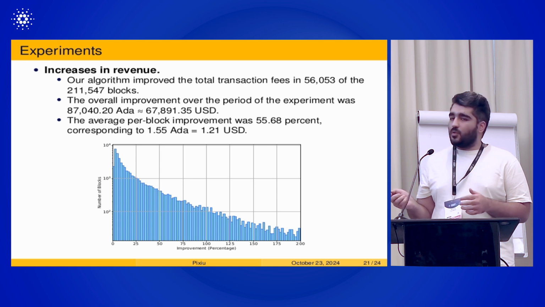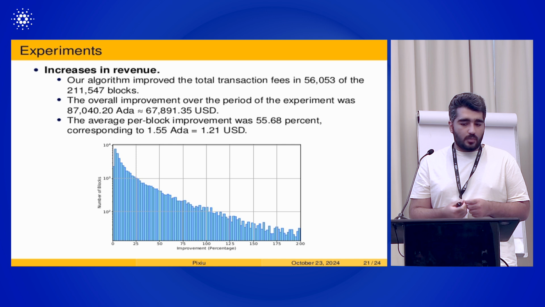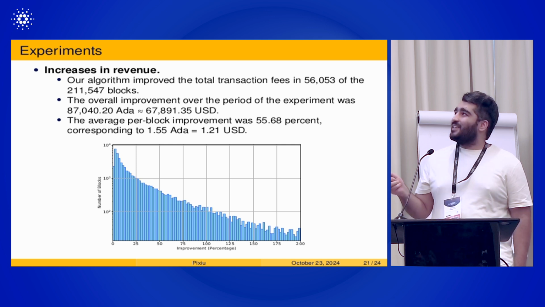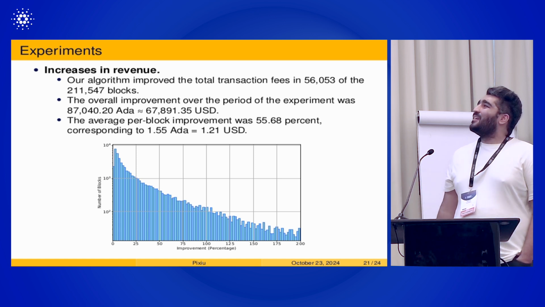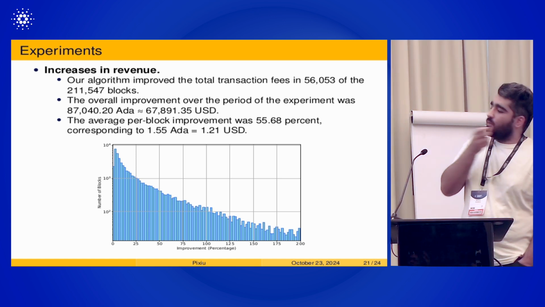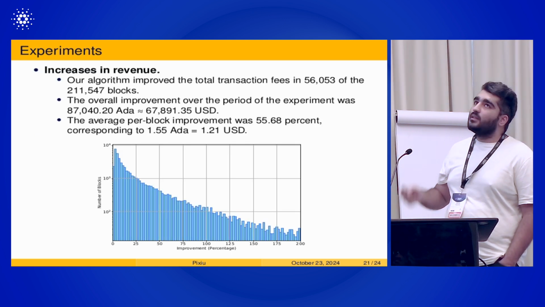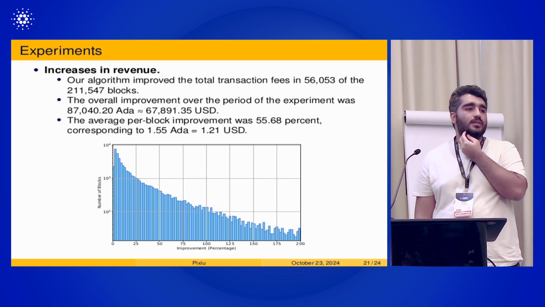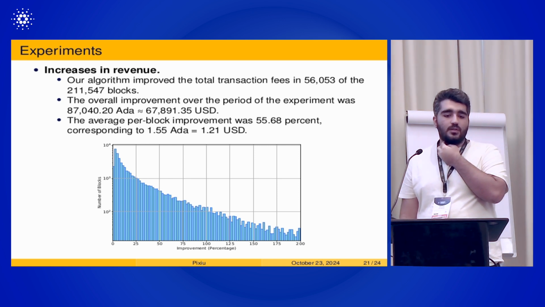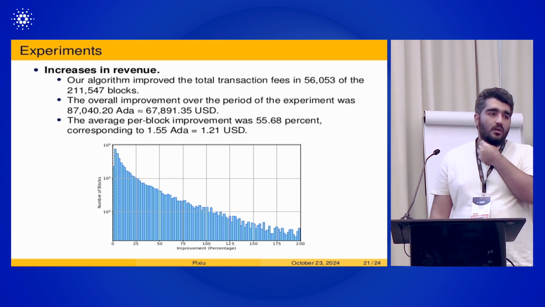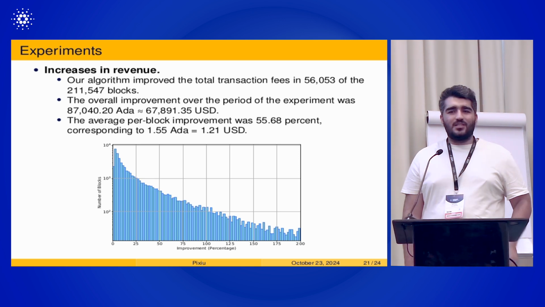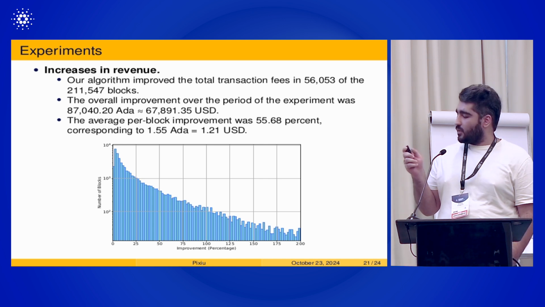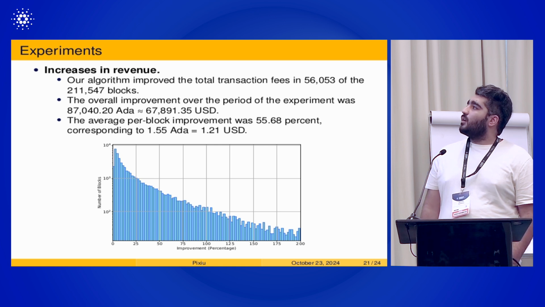So basically, when you improve this, you will add a delay to your block production. But I think that delay is worth it in the long term. And the delay, I forgot to add it here, is on average 0.31 seconds, which is very nice. This is before parallelization. This is kind of nice because it's within 1 second of block intervals, and it can improve your revenue for each block.